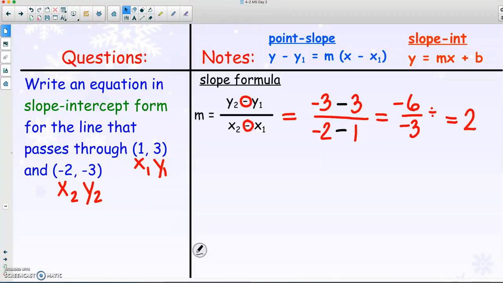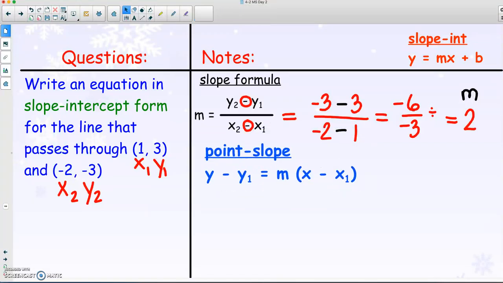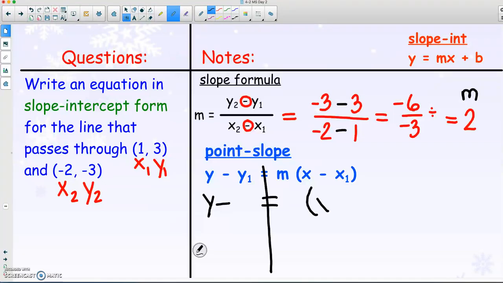Remember, my slope is the letter m. And now I can move on to my point slope form and plug in my values. So in point slope form, what I'm doing is substituting x1 and y1 and substituting my slope.